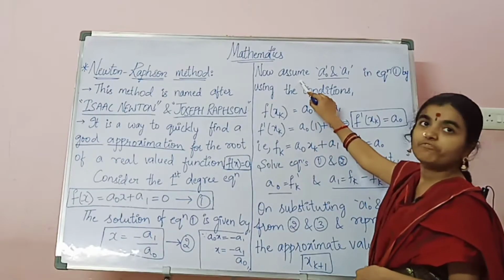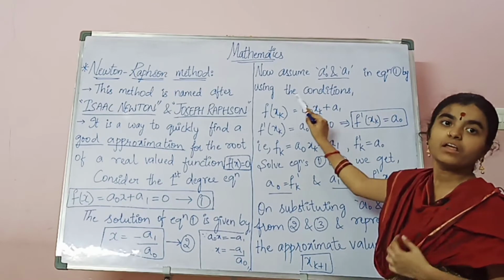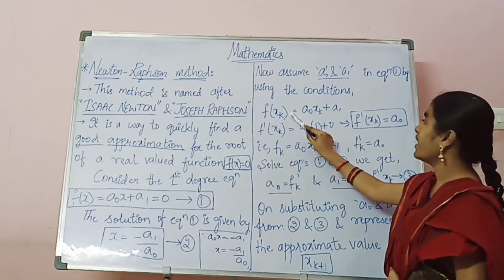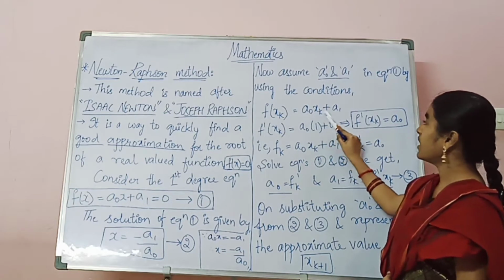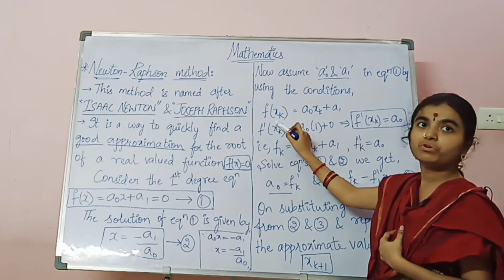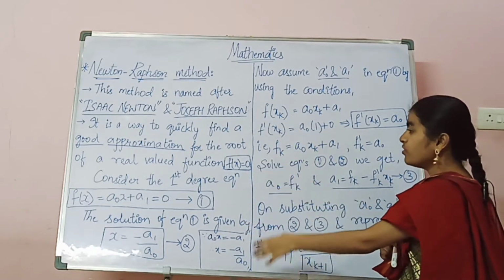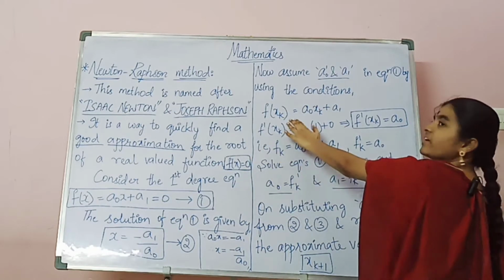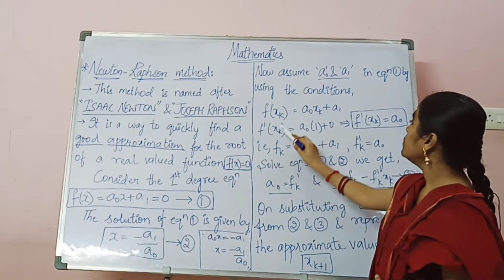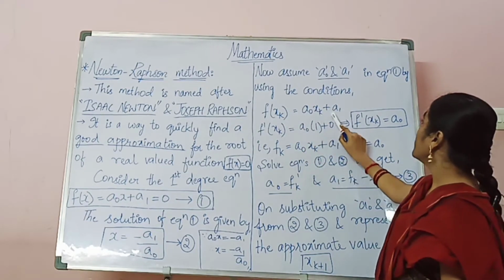Now we have to find a naught and a1 in equation 1 by using conditions. What are the conditions we have used here? f of xk equals a naught xk plus a1. Why do we take xk? xk is the root of the equation, so in place of x we take xk.